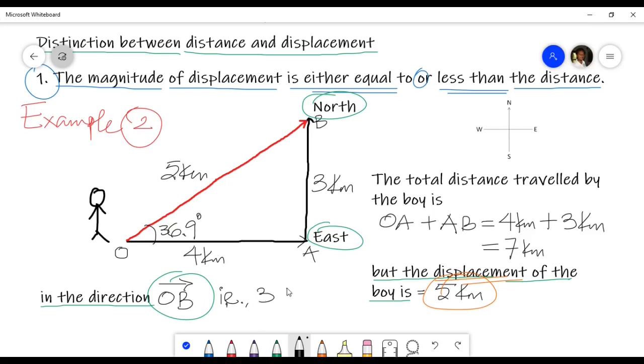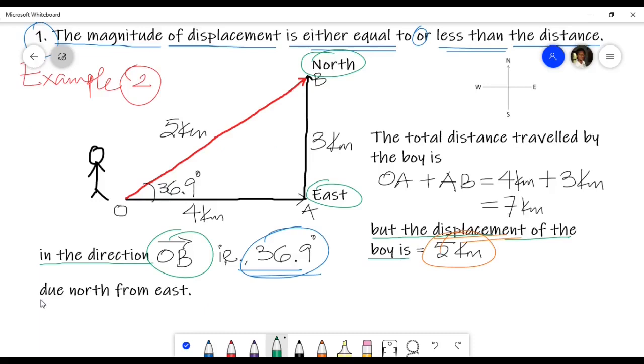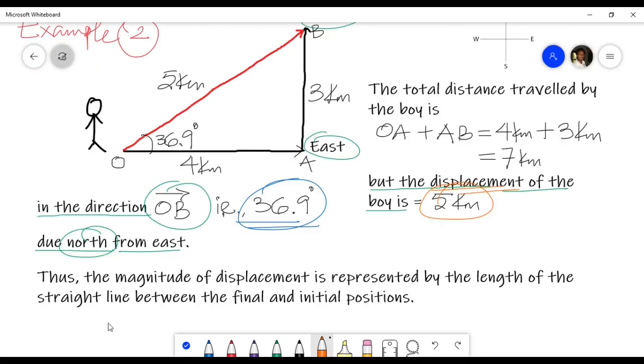You have learned this in math, so I will not be explaining how we got 36.9 degree and 5 kilometers. So in the direction OB, that is 36.9 degree due north from east, in the direction OB. I hope you understand this.